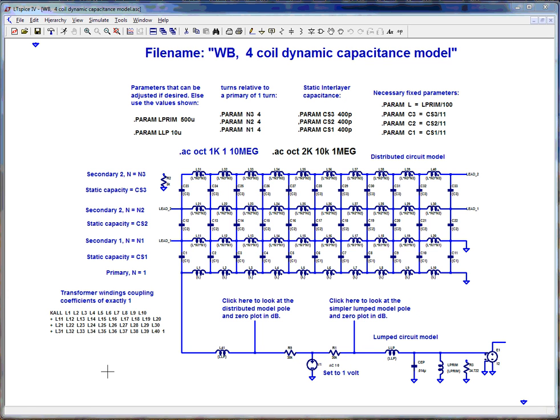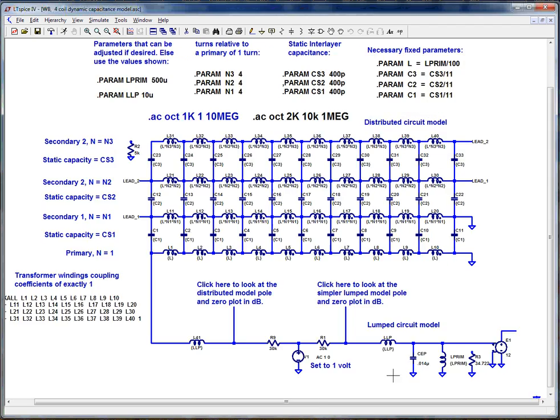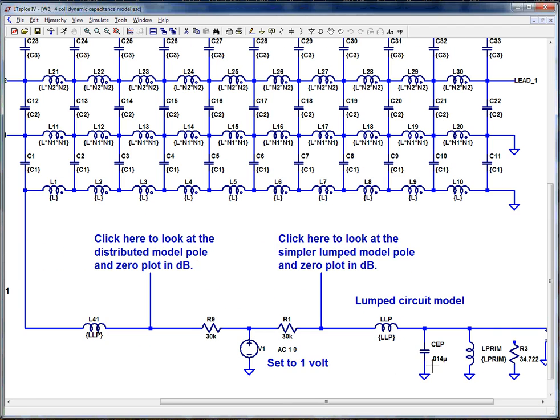Now if you take a look at this, we haven't run anything yet. This is a model of a 4-winding transformer. Still sticking to 10 coils for the primary and each of the secondaries, of course. Doesn't look any different down here, except the values look different.